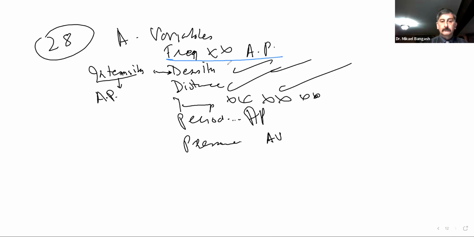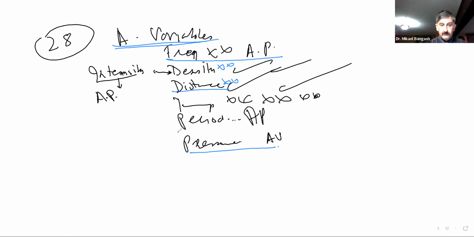Yes, it is. Density is not, because that was an acoustic variable. Distance is not, because that was an acoustic variable, so it can't be both. They say pressure, but it can't be an acoustic parameter because it's an acoustic variable.